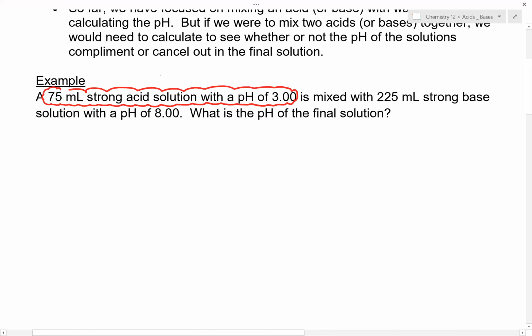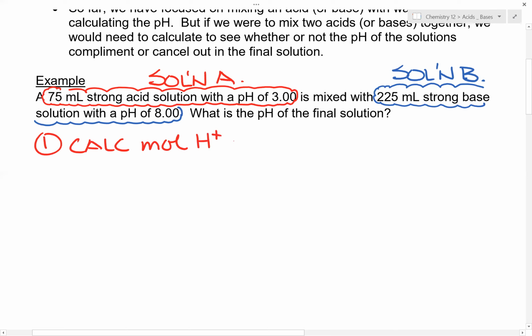Now, the first step is you want to calculate the moles of H+ in solution A. Why is it H+? Because we are dealing with an acid. So if you have a pH of 3.00, then the concentration of H3O+ would be 10 to the negative 3.